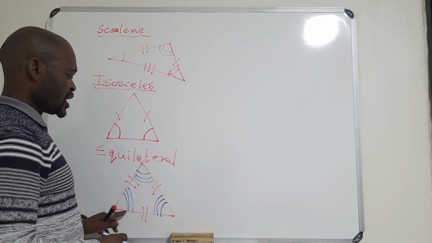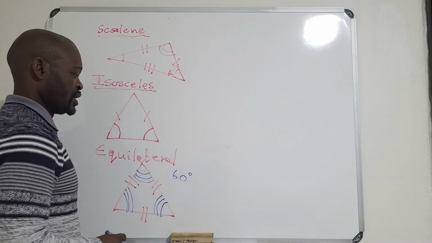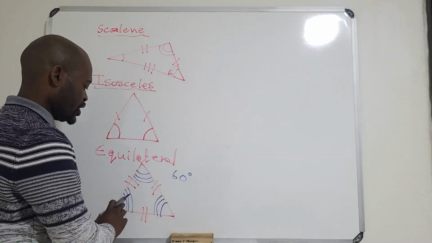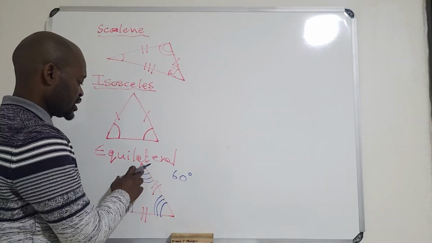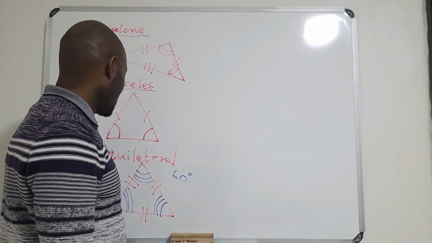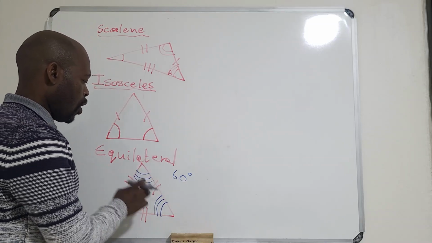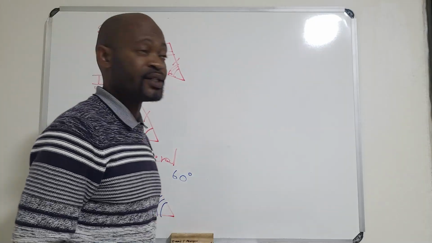And these angles are equal, and they are equal to 60 degrees. And we know from yesterday that the sum of angles on a triangle must be 180 degrees. Therefore, 60 plus 60 plus 60 gives us 180 degrees. Now, in an equilateral triangle, all sides are equal, all angles are equal, and angles are equal to 60 degrees.